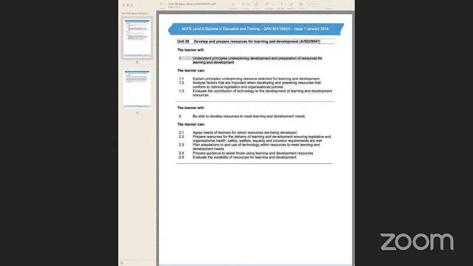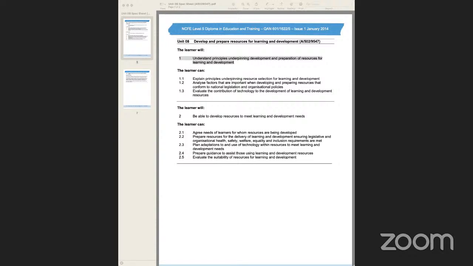Now, very briefly, what I also want to do is start with an overarching understanding of learning outcome one, and what it entails, which leads to the development of teaching and learning resources.